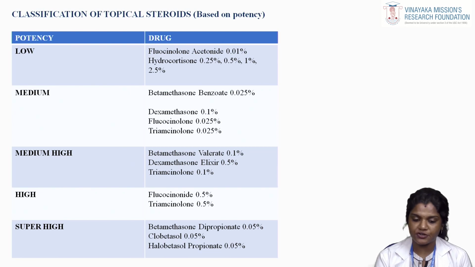Under medium potency drugs, we have betamethasone, dexamethasone in 0.1 percentage, fluocinolone, triamcinolone in 0.025 percentages. And medium high drugs, we have betamethasone, dexamethasone and triamcinolone in 0.1 percentage. High potent drugs, we have triamcinolone in 0.5 percentage.